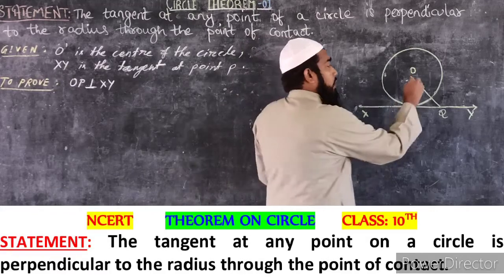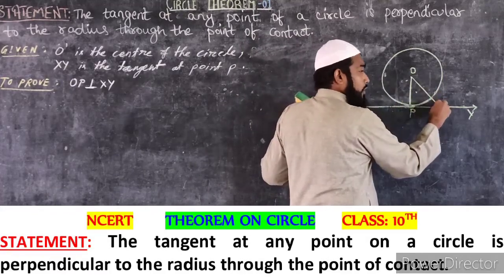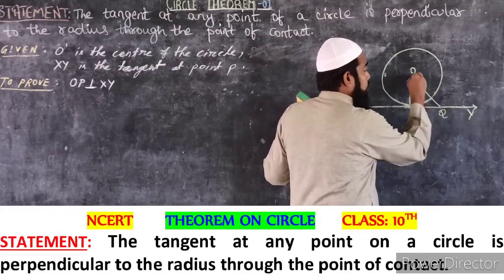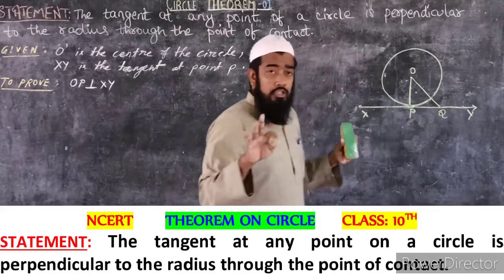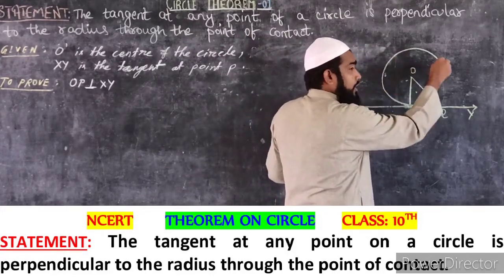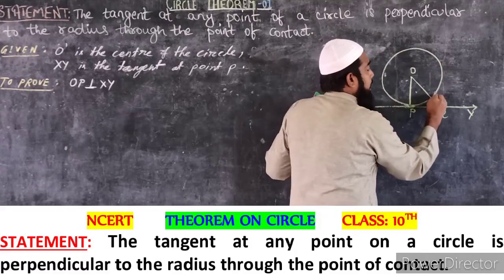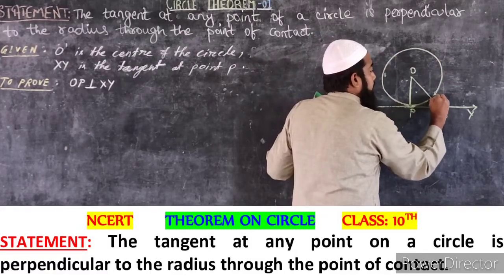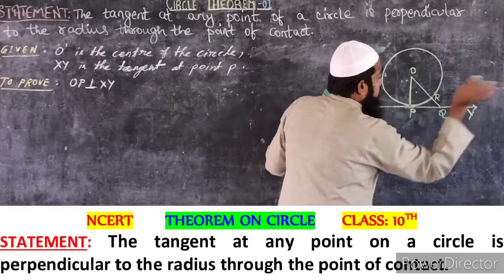So we are going to mark a point Q on the line XY, and OQ is joined, and let this OQ intersect the circle at point R. Let this point be R.